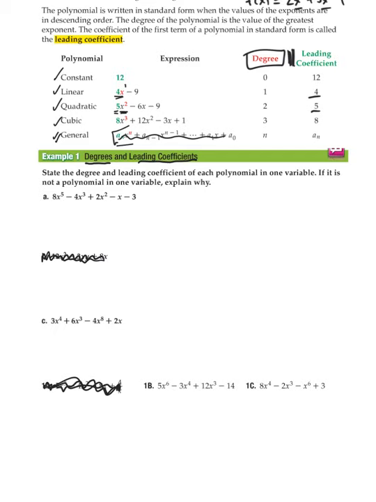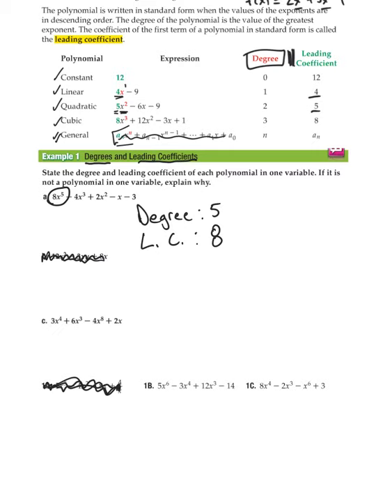So, example A here: the degree, what is the highest exponent we see there? That's 5. The degree is 5. The leading coefficient, what number is in front of that 5th degree term? The leading coefficient here is 8.